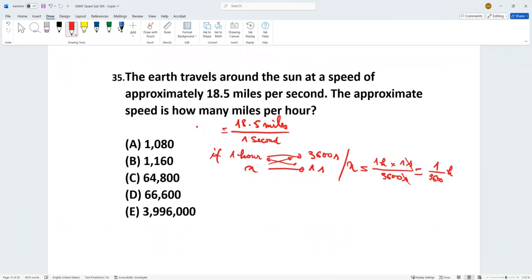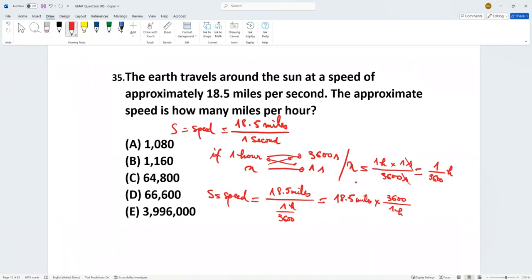So the speed s will now be equal to 18.5 miles divided by 1 over 3,600 hour. This leads us to 18.5 miles times 3,600 over 1 hour.